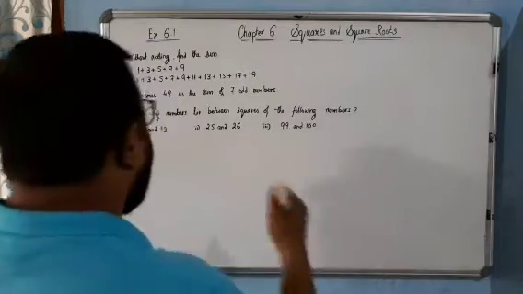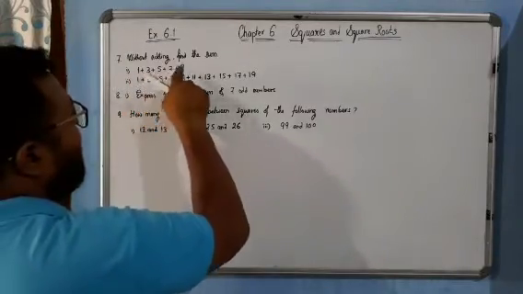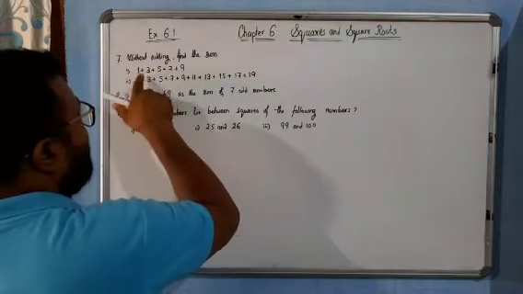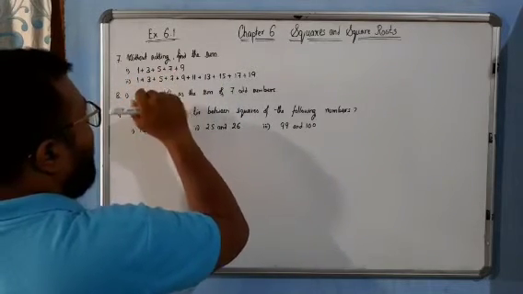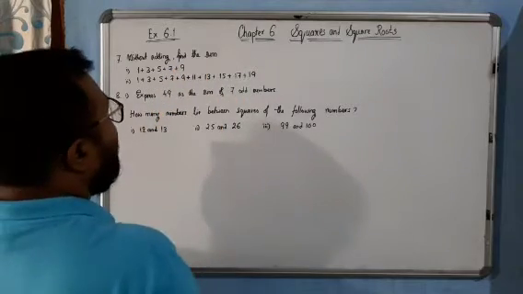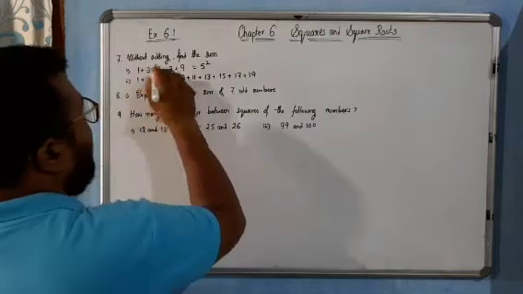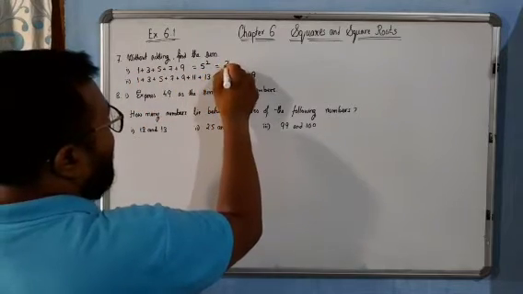So if we add the odd numbers, the result will be the square of the number of odd numbers. See, 1, 2, 3, 4, 5. So it will be 5 square without finding the sum. So it will be equal to 25.